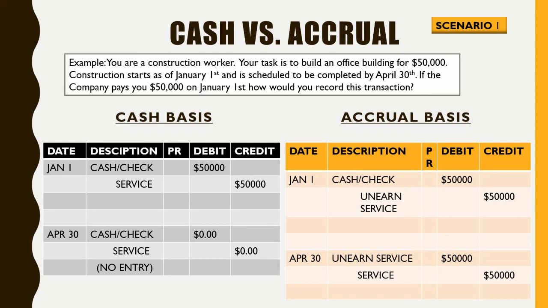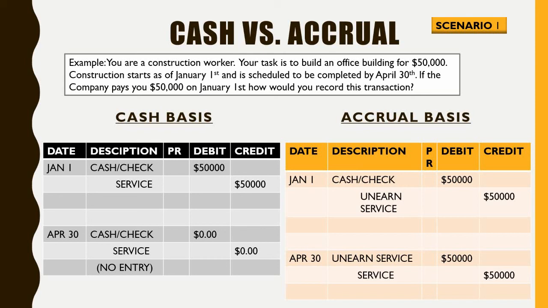When I go to the trial balance or journal ledger, unearned service, now the balance is zero, debit and credit 50-50.